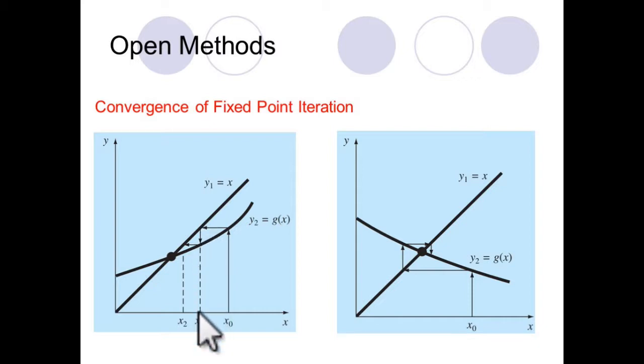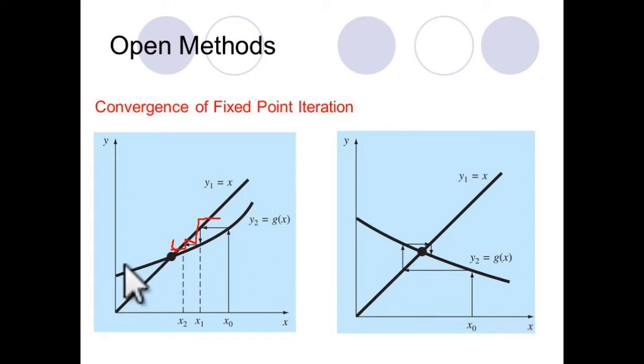Now for the corresponding x value, which is x1, we evaluate the g of x again, which gives us the second y value, and then we go to the x2, and as you see, in each step we are getting closer to the root.